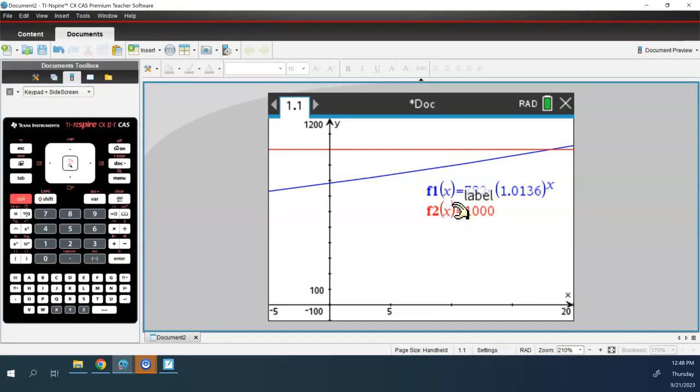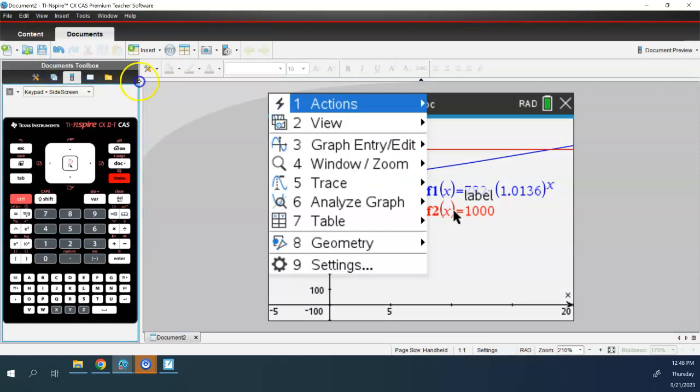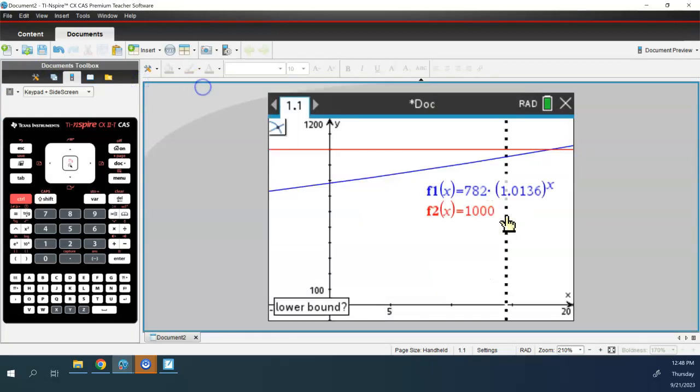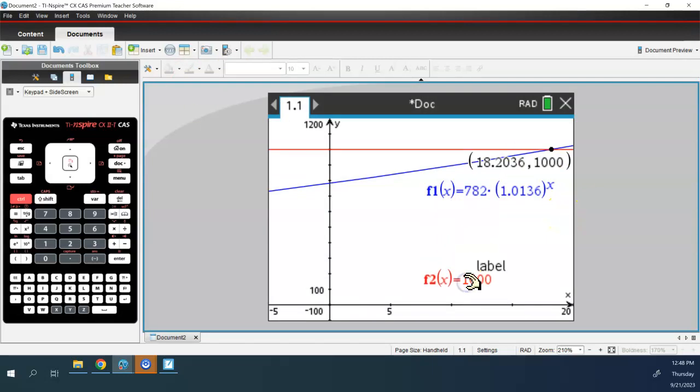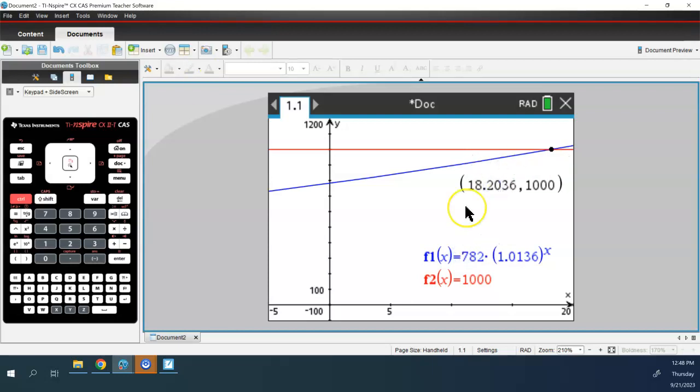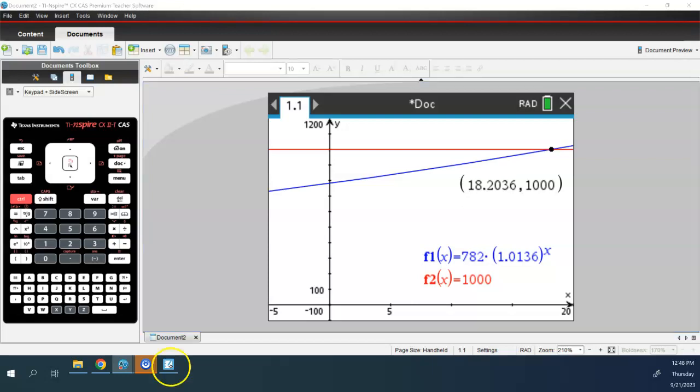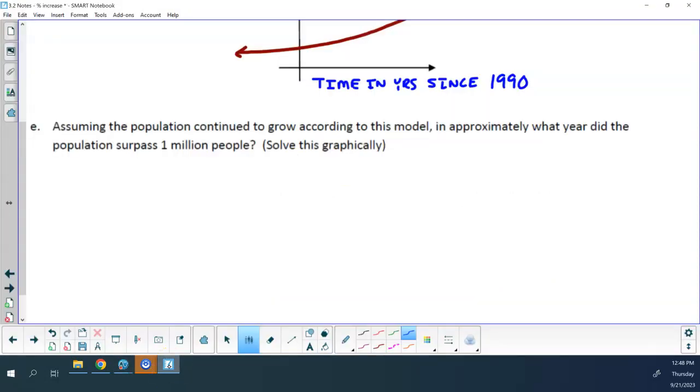So what would we then be looking for? An intersection. Menu. Analyze graph. Intersection. Okay. So my question to you now is this.